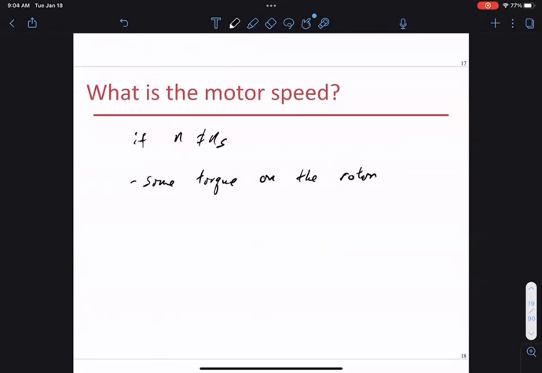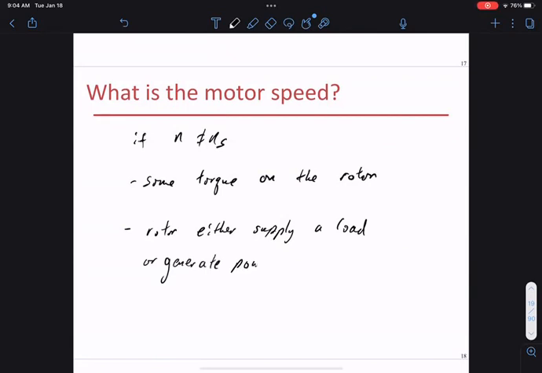So there'll be a torque on the motor, and then the rotor can either supply a load or generate power. Whether it is actually consuming or generating power depends on the sign of this difference, depending on whether you're faster or slower than the synchronous speed.